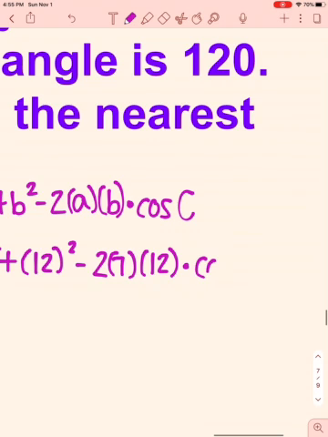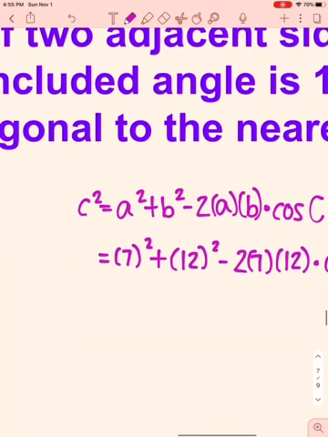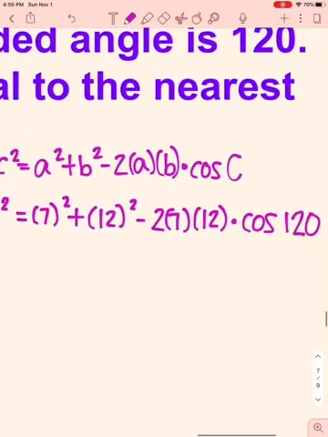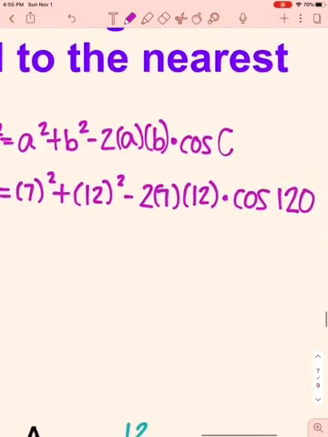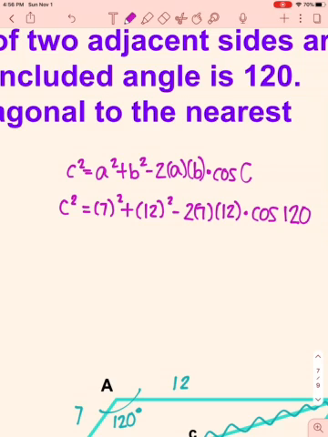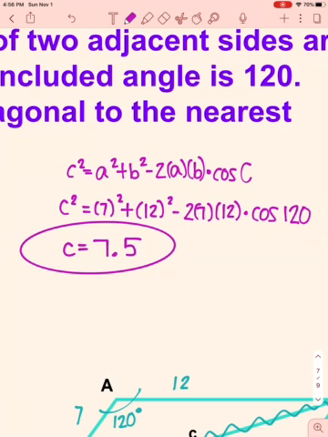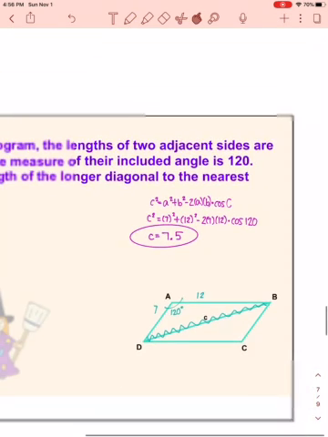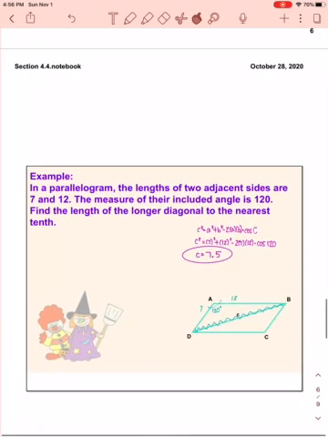And then cosine of our included angle, and our included angle was 120 degrees. So you plug that into your calculator all at one time. So you're going to do 7 squared plus 12 squared minus 2 times 7 times 12 times the cosine of 120. And you're going to get 56 point something. That is c squared. You have to take the square root of that to get c by itself and round to the nearest tenth, which is going to be 7.5. And that's it.